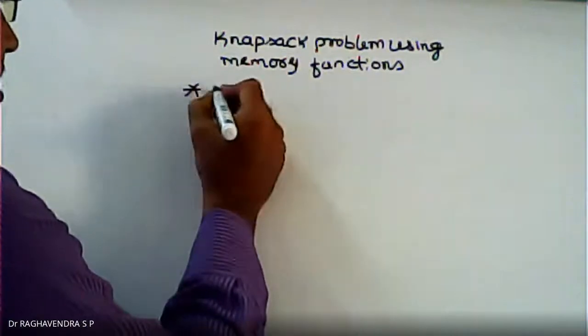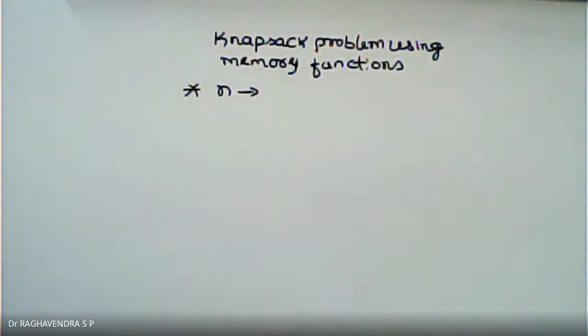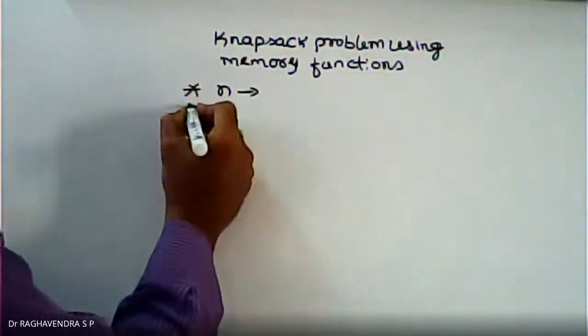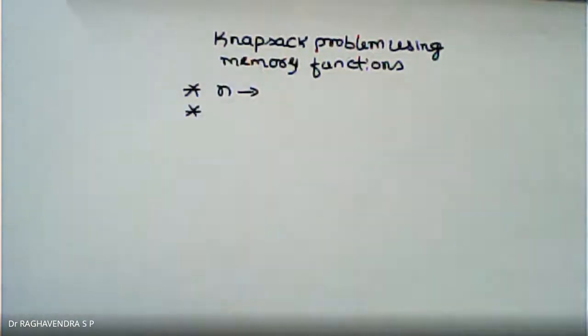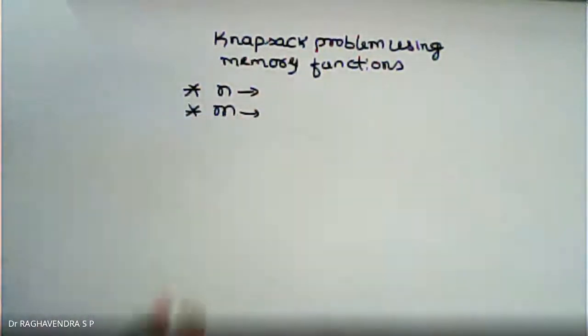First one is n. So what is n? n means number of objects. Second one, capital M, small m. So small m means capacity of the knapsack.